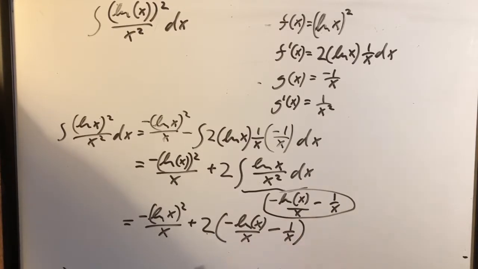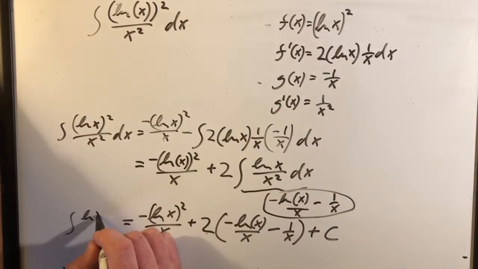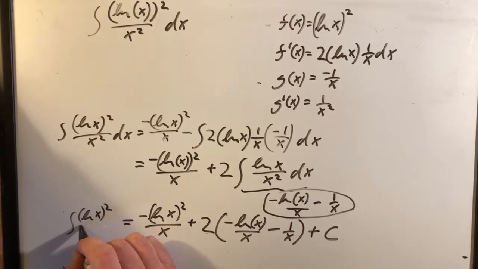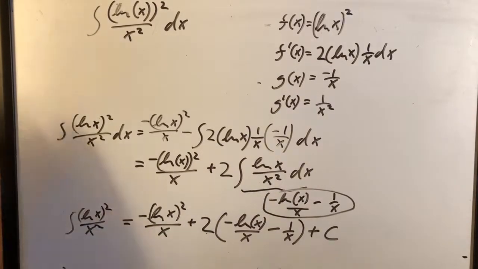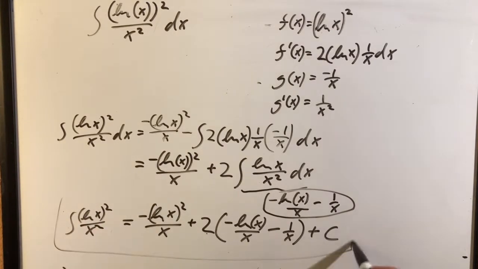The whole thing gets multiplied by 2. I add my constant at the end, and that is the answer to ln x squared over x squared. So, not too bad. It was very nice that it worked out that I was able to do that.